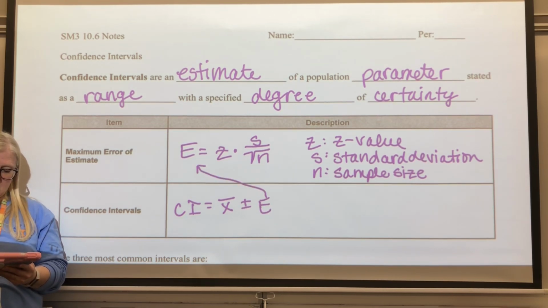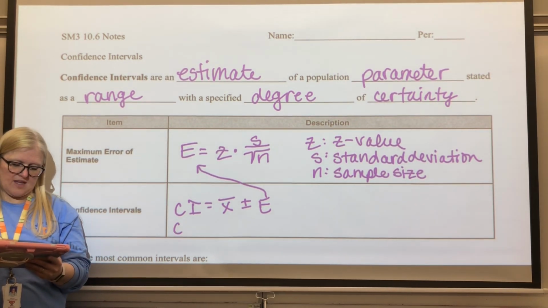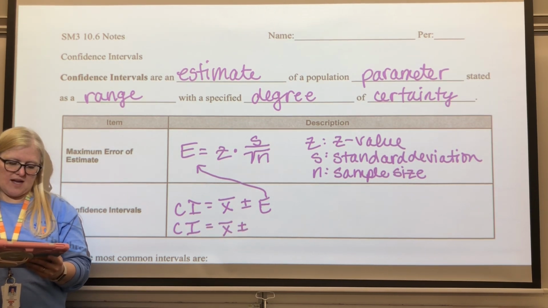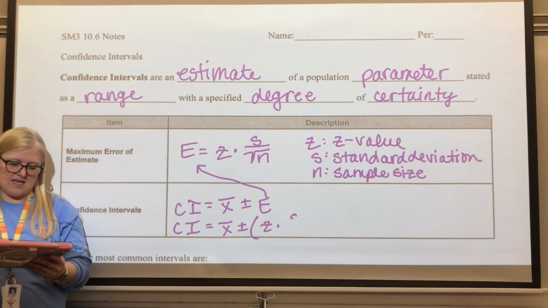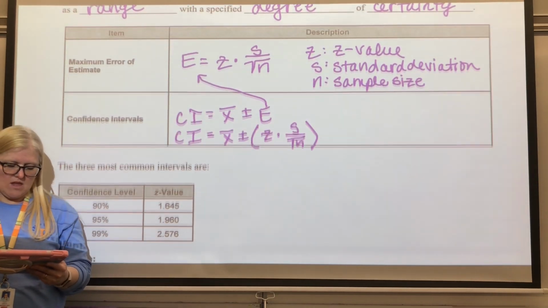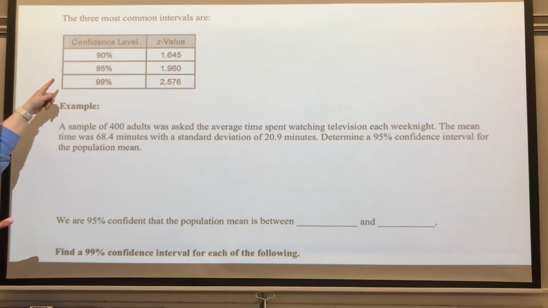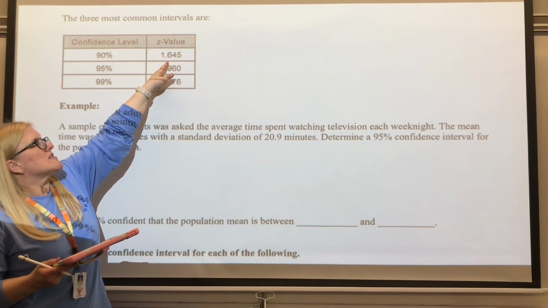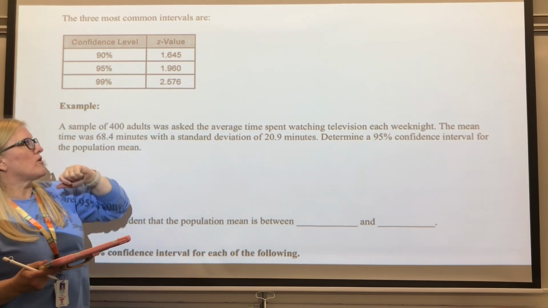So if you want to write out the whole thing as one formula, it would be X bar plus or minus, in parentheses, Z, your Z value, times S over root N. The three most common intervals are 90%, where the Z value is 1.645, 95%, 1.96, and 99%, 2.576.